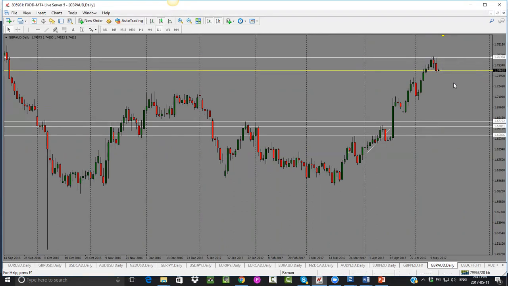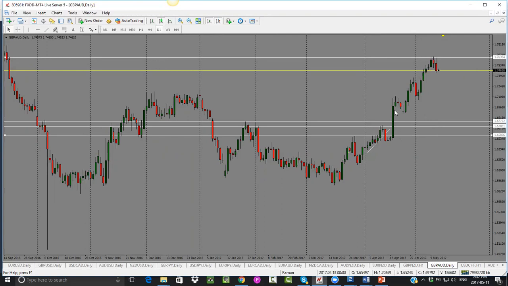Three days, it hasn't been able to break the high. As a result, it is dropping. Aussie is stronger now between Aussie and New Zealand. So pound has been weak, especially with Bank of England, it is weak. So now this looks like it wants to move down lower.